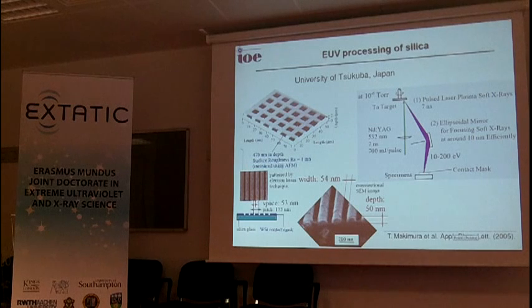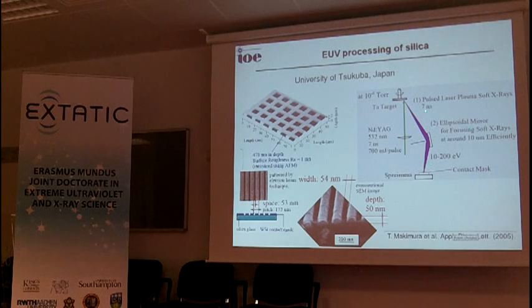And the third group, because the problem is that there are only three groups working on EUV processing of materials. This group in Japan, a group in Germany, and a group in Japan in Tsukuba, headed by Makimura-san. They have a laser plasma source with a solid target.